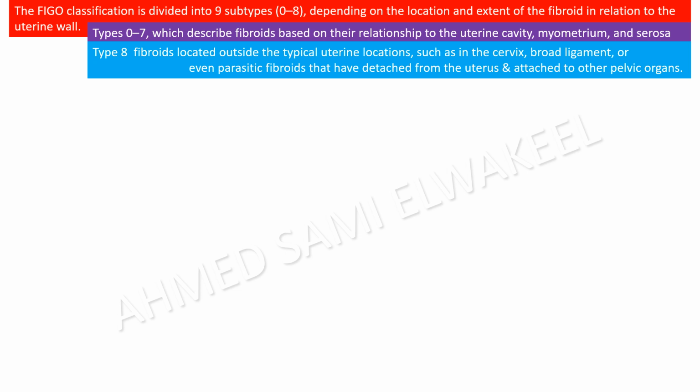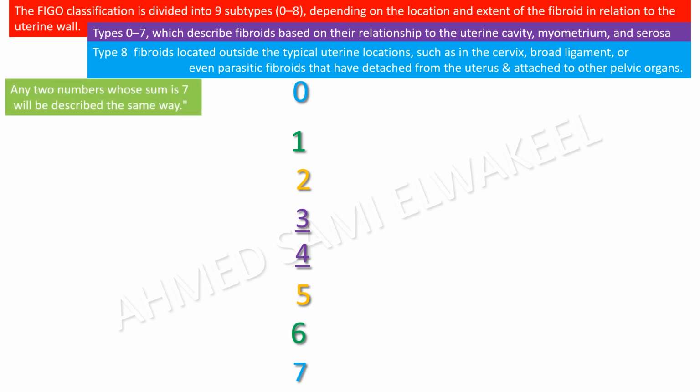So, how to memorize these subtypes from 0 to 7? Any two numbers whose sum is 7 will be described the same way. Before we start, subtypes 0, 1, 2 are located submucosal, 5, 6, 7 are located subserosal, and 3 and 4 are located intramural.